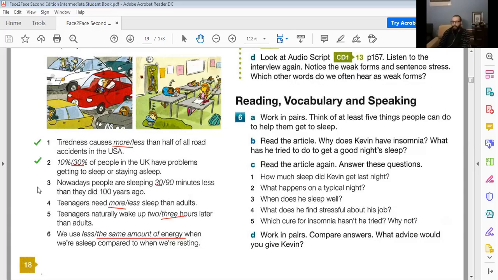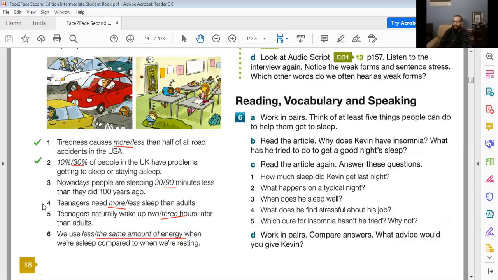What about number 3? The third one, I think it's incorrect. What did the sleep expert say? He said half an hour. An hour and a half, right? Okay, so it's 90 minutes. And number 4? It's correct.